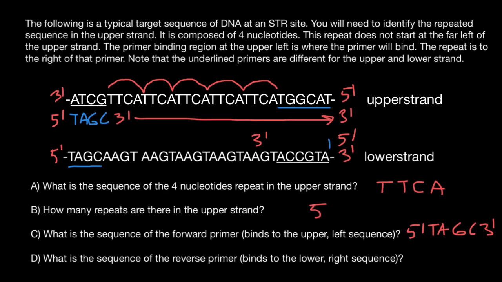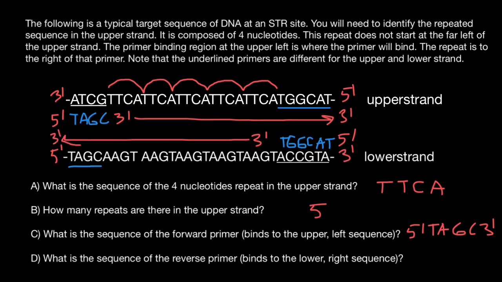Adenine base pairs with thymine, thymine with adenine, guanine with cytosine, cytosine with guanine, cytosine with guanine, adenine with thymine. We got the same sequence as in the complementary strand, and this is the sequence of the primer, and the directionality is the same as we see here. From the 5' end to the 3' end, new strands are going to grow in this direction.